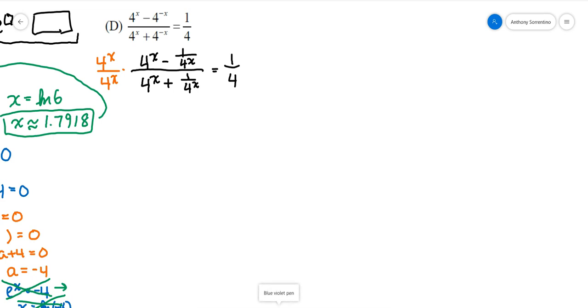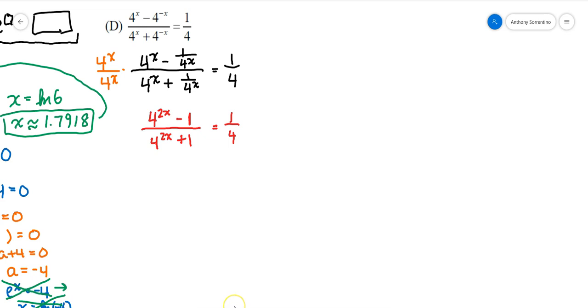I'm just making it a little bit easier to deal with, because what I end up having as a result is 4 to the x times 4 to the x, which is going to give me 4 to the 2x, minus 1, over 4 to the 2x plus 1. So it's already looking a little better.